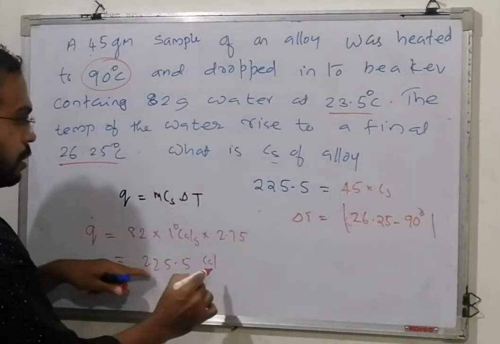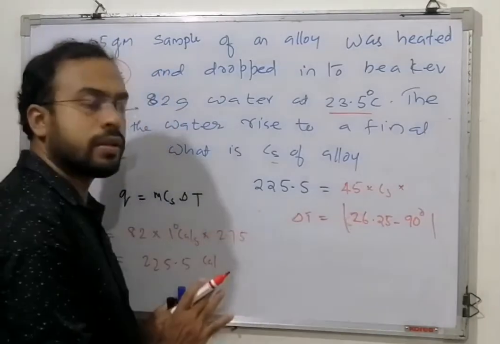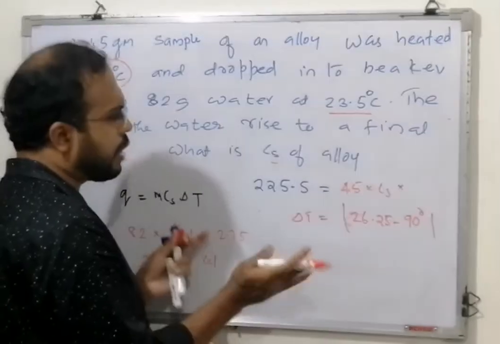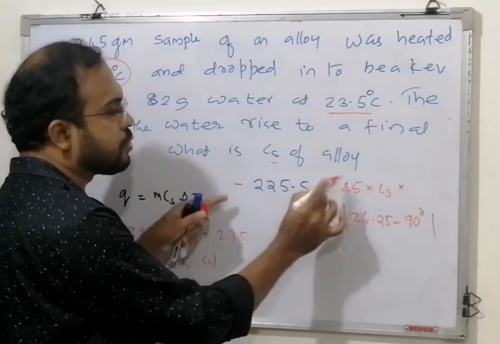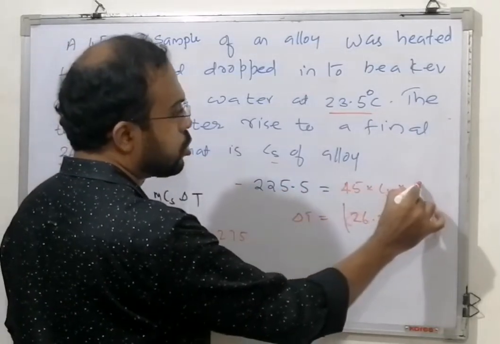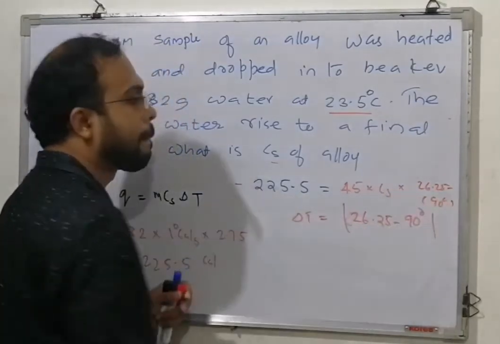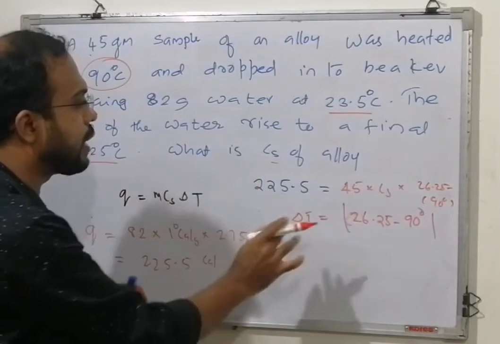Therefore, in our equation CS, here there is no need of a negative sign. Okay, negative sign, no problem. Here you will have a negative sign, and this will also give the negative sign. Both will be calculated. That is 26.25 minus 90 degrees. There will be a minus and minus, which cancel.